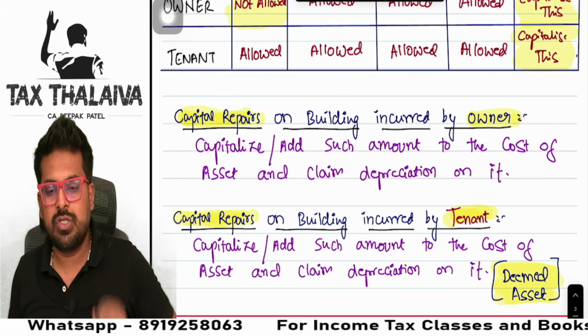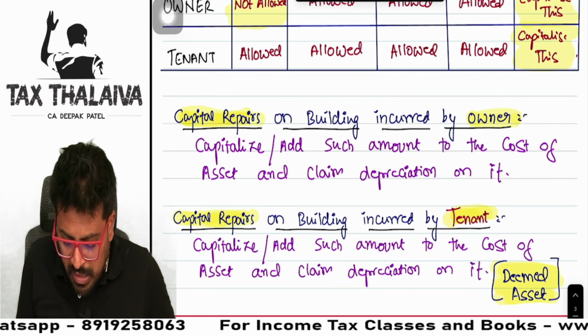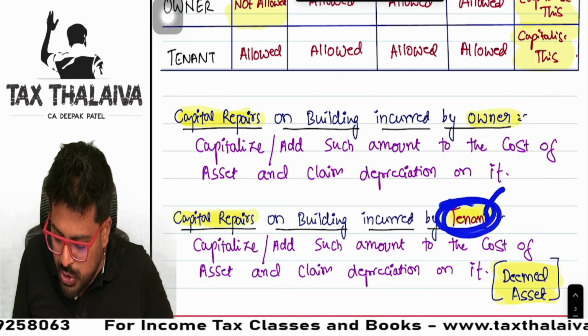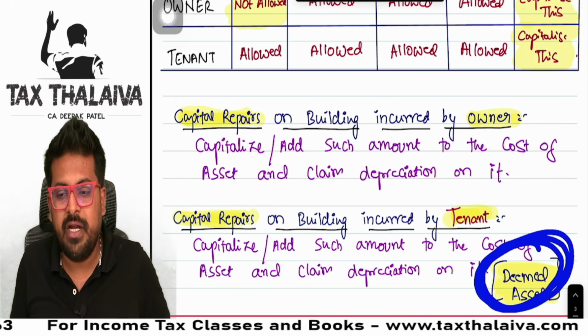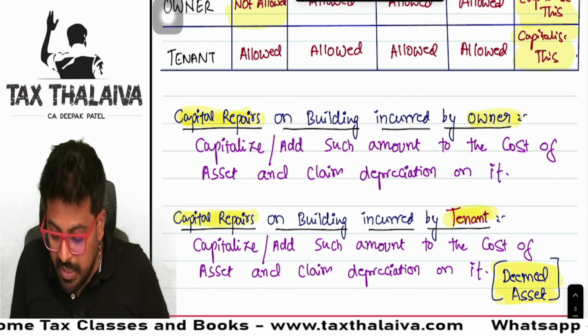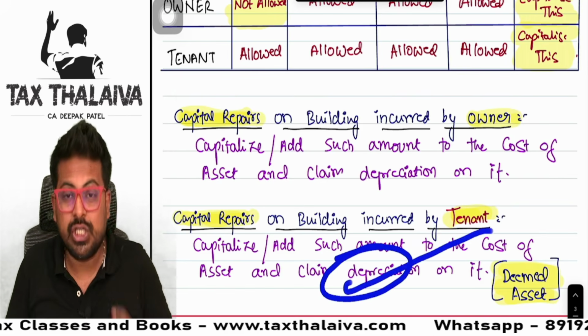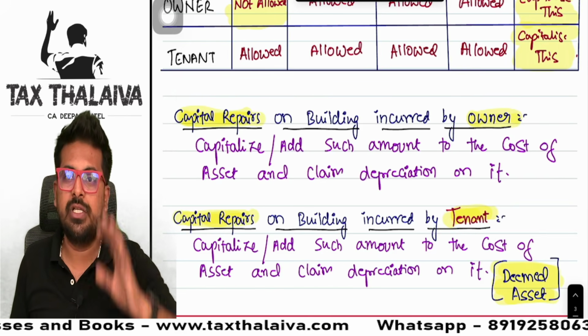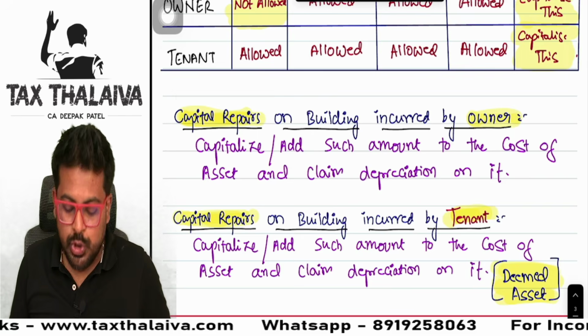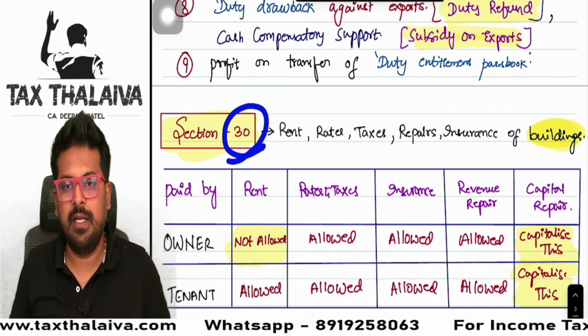You will capitalize it in books of accounts. But capital repairs on a building incurred by a tenant will be treated as a deemed asset in the hands of the tenant. And mind you, even the tenant claims depreciation to the extent of the capital expenditure the tenant has incurred. So this was regarding section 30.